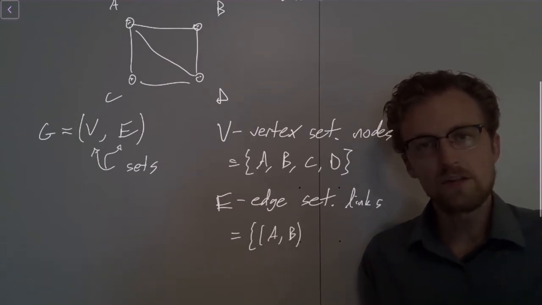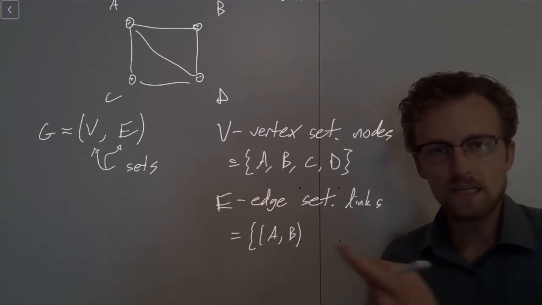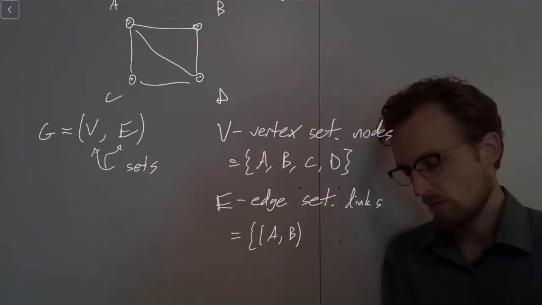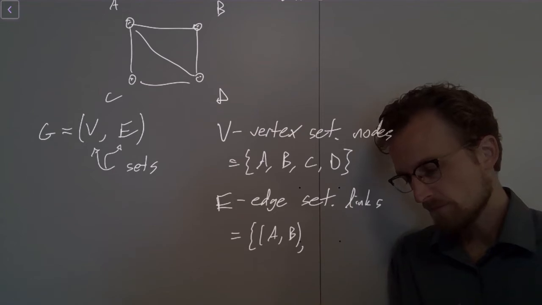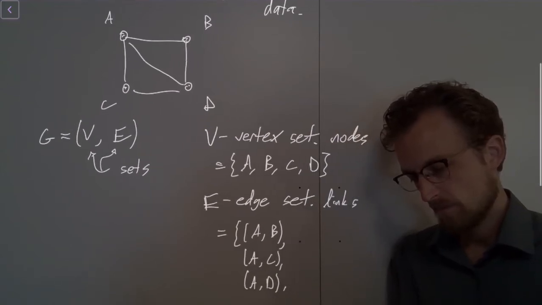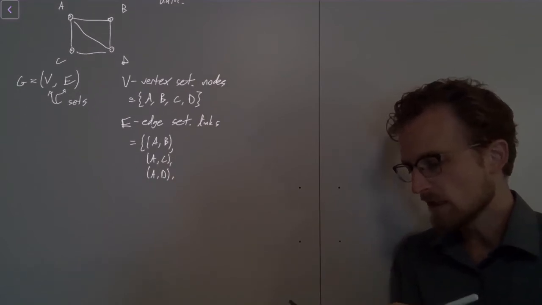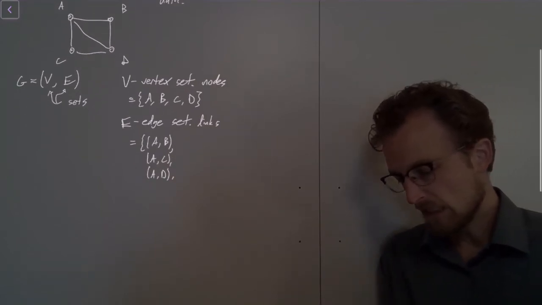The pair AB represents a link existing between node A and node B. So AB, AC, AD. What else do we have? That's all the A links, and then we also have BD.